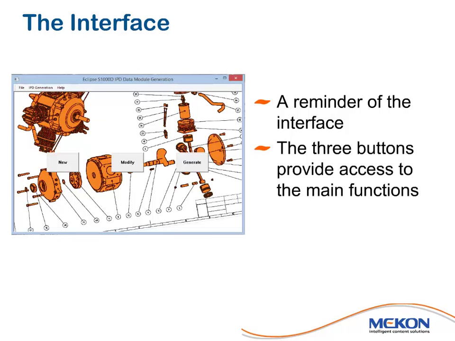This is the interface itself, and you'll see there are three buttons on the front. You can get at the various areas of the application via the menu down the left-hand side, but the buttons are the ones we'll be concentrating on.